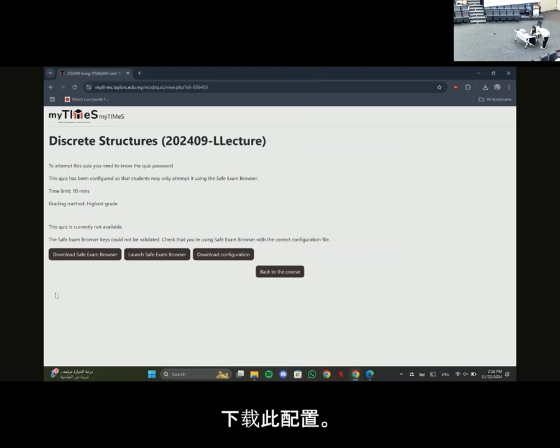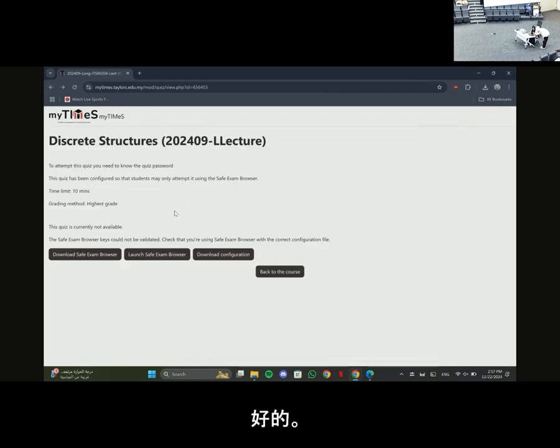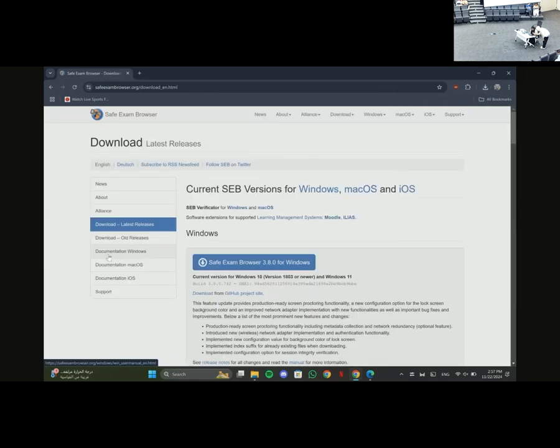Download this configuration. I did that already. Already done. How long did it take? It's just a text file. Okay, now configuration.